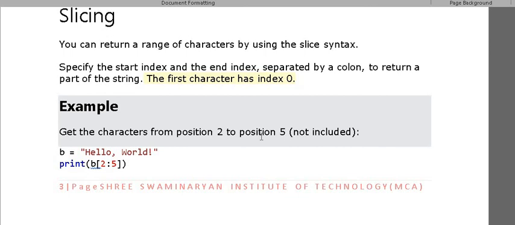Now suppose I am giving any string and I want to print certain characters starting from a certain index value and ending at a particular index value, then we can do it by using slicing. If a string contains 10 characters and I want to print from the 3rd to the 6th, that is, I want to print the characters available from the 3rd index to the 6th index, then for that we use the slice.